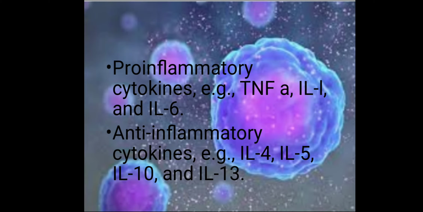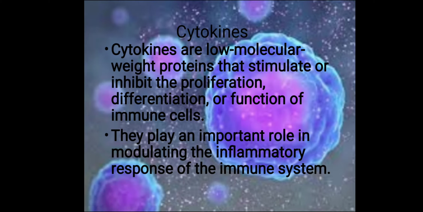Pro-inflammatory cytokines are tumor necrosis factor alpha, interleukin 1, and interleukin 6. Anti-inflammatory cytokines are interleukin 4, interleukin 5, interleukin 10, and interleukin 13. These cytokines play an important role in modulation of the inflammatory response of the immune system.